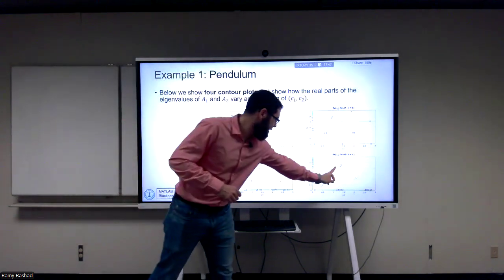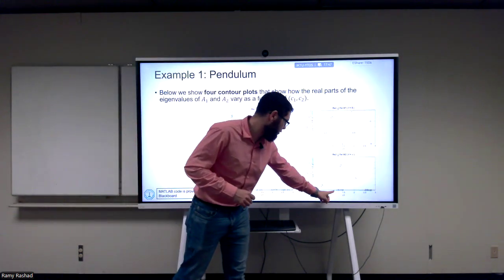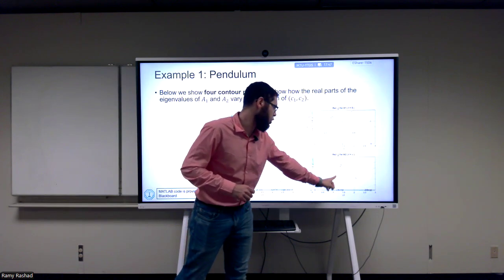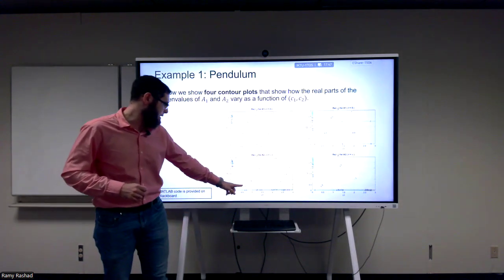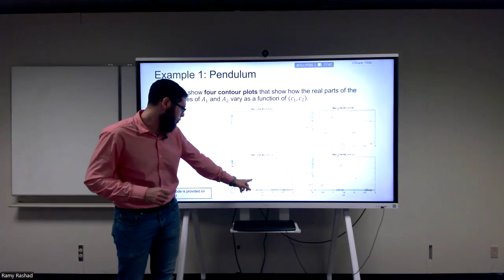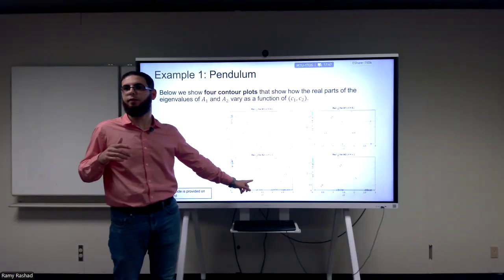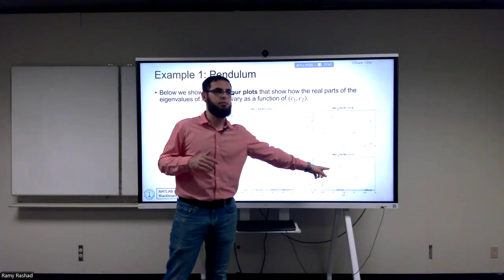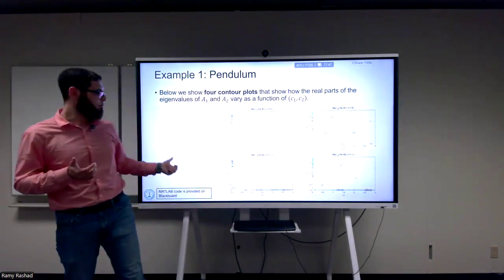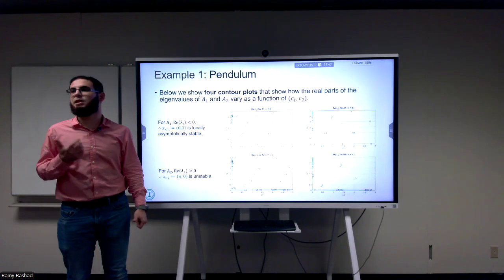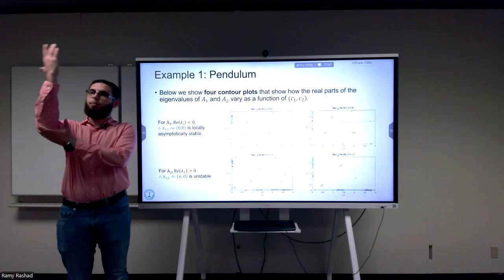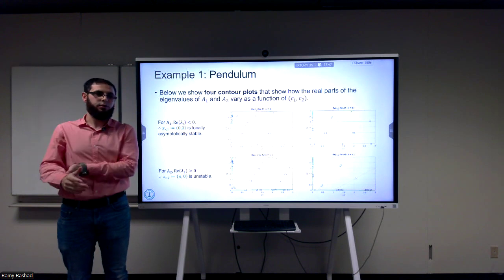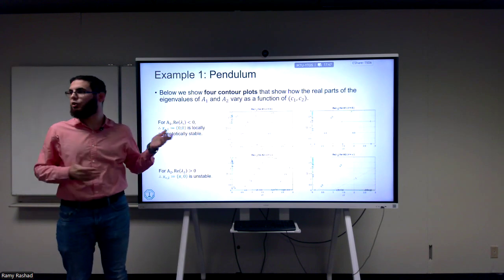For the same C1 and C2, if I choose, for example, C1 to be 1 and C2 to be 1.5, I get 0.5 as the eigenvalue. And if I do the same here, I get somewhere around minus 1.5. So you see one of the eigenvalues is negative, but the other one is positive. What does that mean? It means that the second system is unstable, which means that the top position for the pendulum is an unstable equilibrium point. Okay, so this is how we do it in practice.